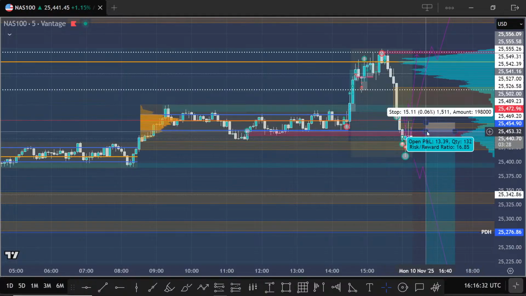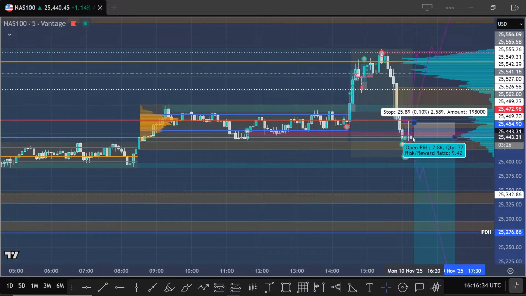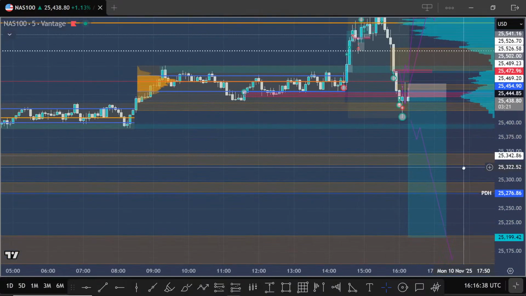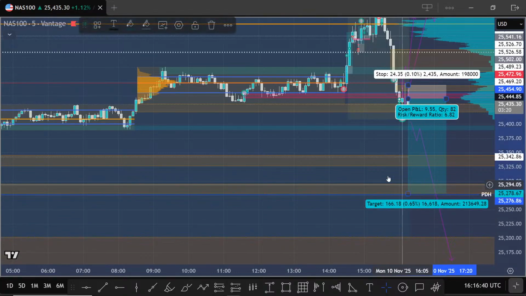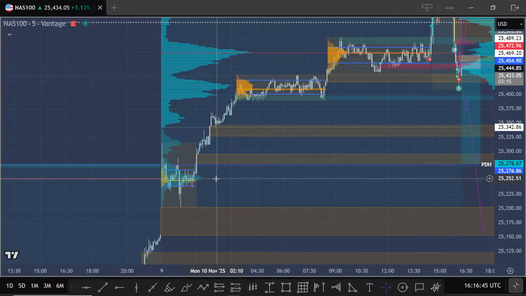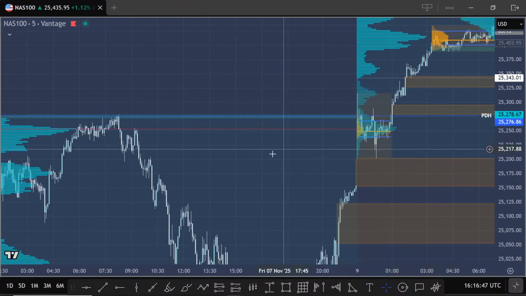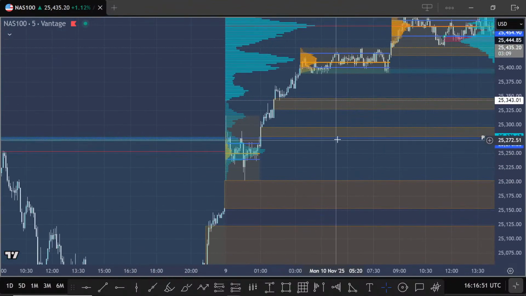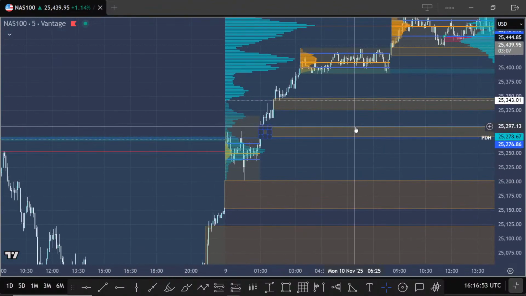I'm in this sell, but what I'm gonna do is target the previous daily high. Two five.